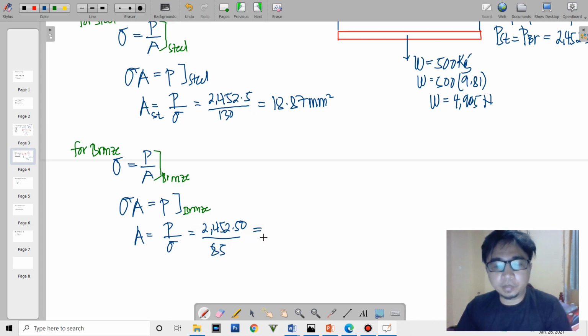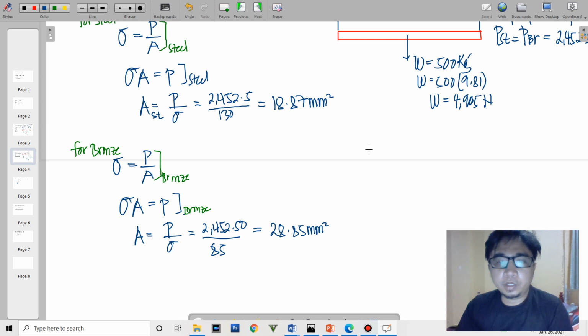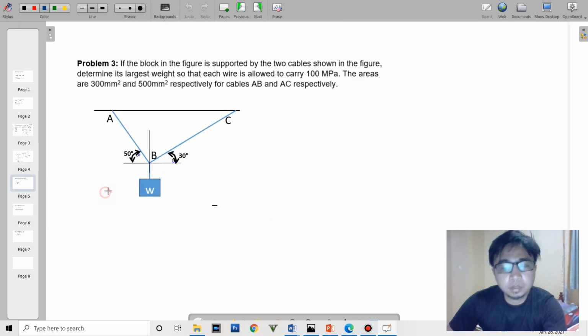So therefore, we just divide that. We have 28.85 square millimeters. Okay, so that's it for this problem. So we'll now proceed to the third problem.